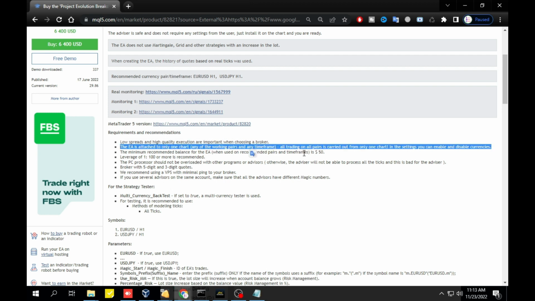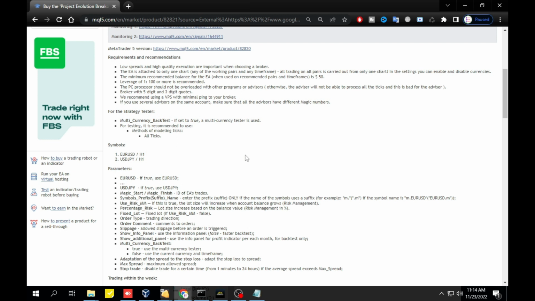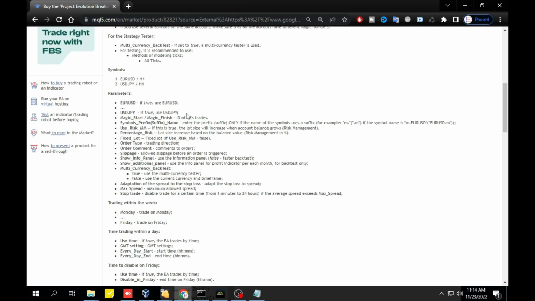For recommended leverage, 1 to 100 or more. For more details, you can read other information here. The parameters of this EA are as follows. From the attached image provided, we can see other detailed information.